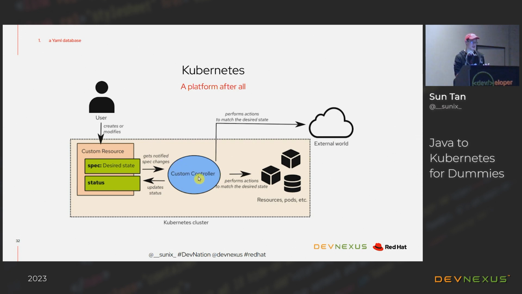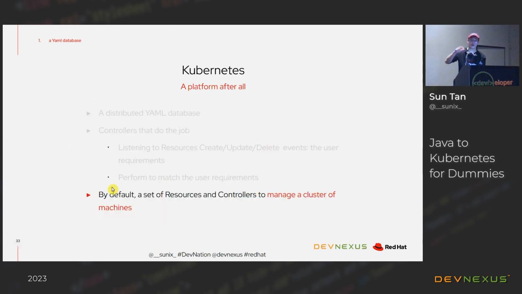And what it usually does, we haven't seen that, is populate a status field in the object to say how it went. For instance, if it couldn't do its job, it can just say in the status field that it didn't work. Okay, and by default in Kubernetes, you have built-in controllers and built-in resources to manage a cluster of machines.